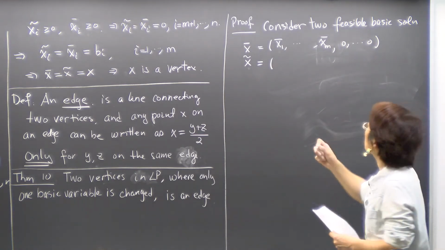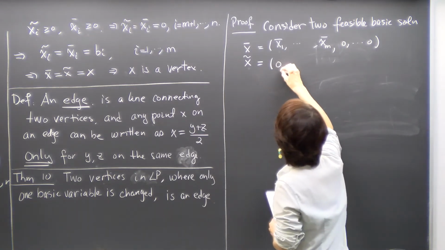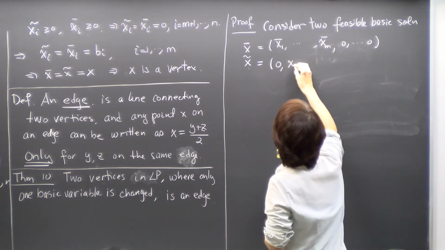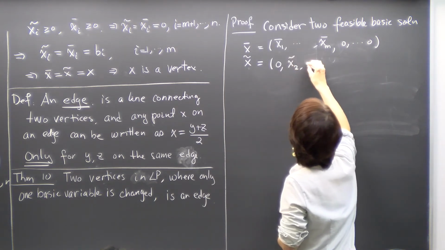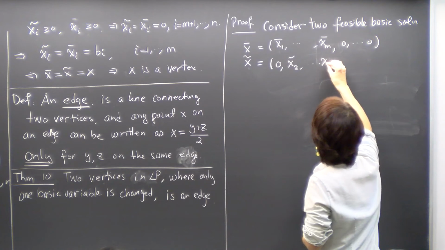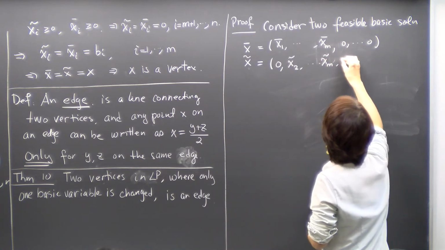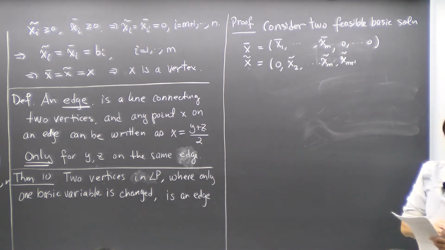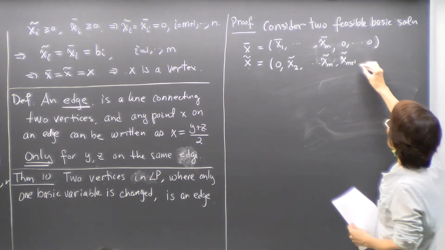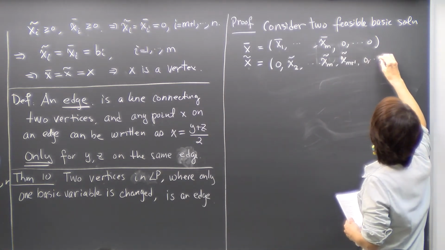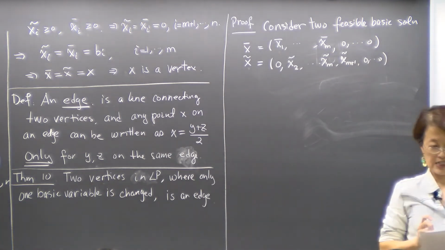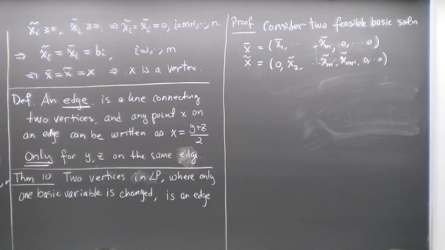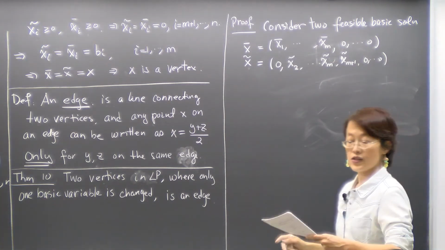You did one pivot. So now x1 is 0, but from x2 all the way to xm I still have them, and I'm bringing in x m plus 1 as a basic variable. So I switched one, okay? And the rest is 0. Is it clear what I'm setting up? This is general because I can always do it in any situation.